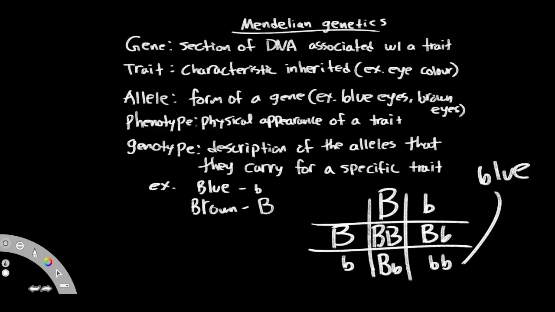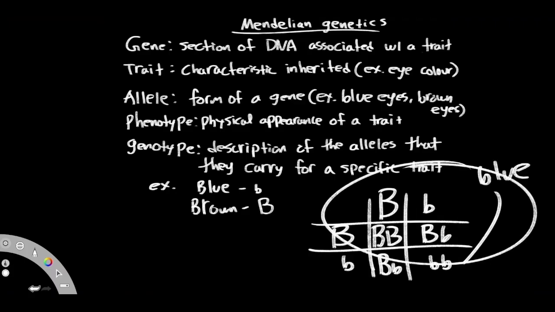But genotypically, we represent their code of alleles as small b, because if blue is represented as a small b, because blue is a recessive eye color trait, okay, it's weaker than the brown eye, we can genotypically tell that this code that they received was hidden because it was carried by the dad's second allele and the mom's second allele.